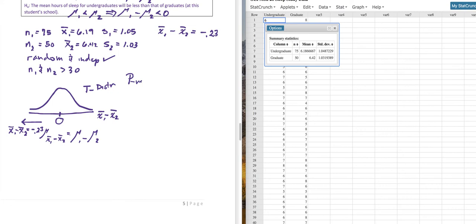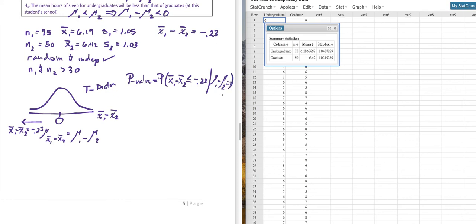Our p-value is the probability that our sample difference, our x1 bar minus x2 bar, is less than or equal to negative 0.23 under the condition that mu1 minus mu2 is equal to 0.